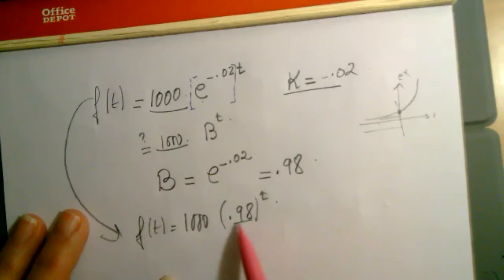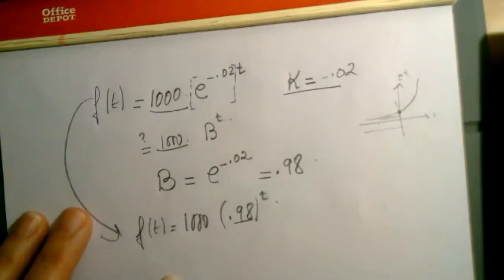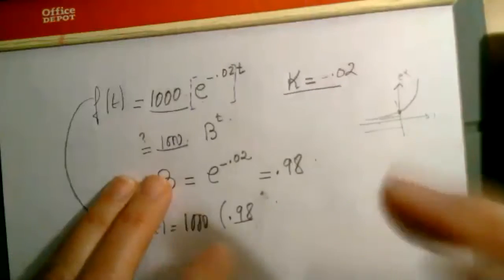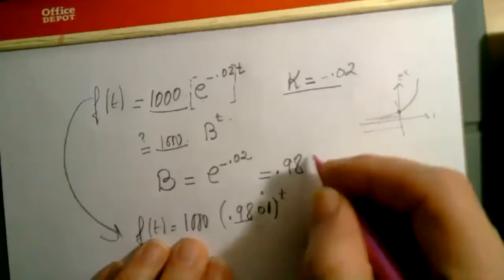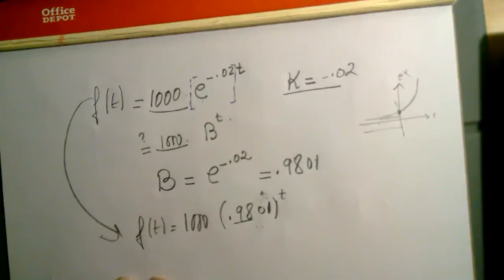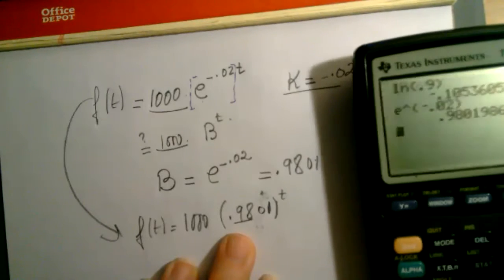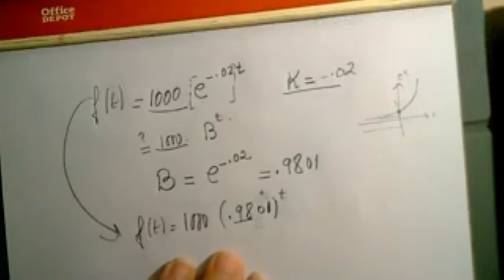Now I rounded a lot, so I'm going to round a little bit less than that, because those numbers are so close. I just take 1 away from that, and it's decreasing.